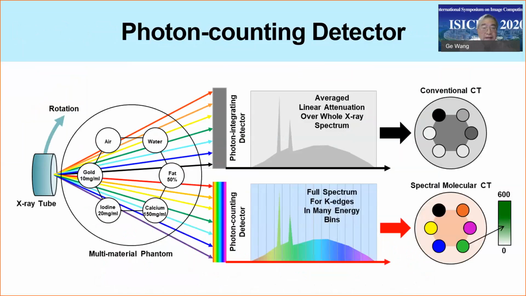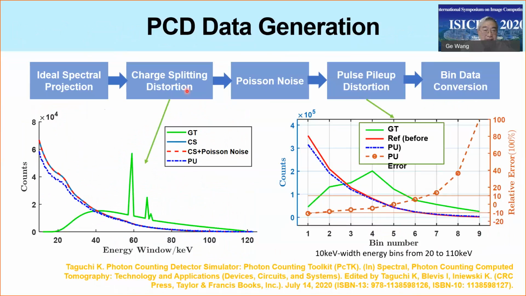The second part is the photon counting detector. Photon counting allows you to record raw data in multiple energy bins. Photon counting with a cadmium telluride detector is subject to strong charge sharing and pile-up artifacts.